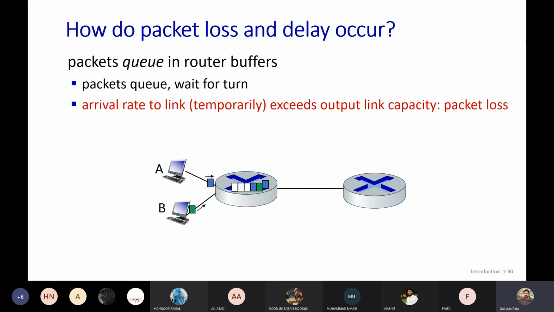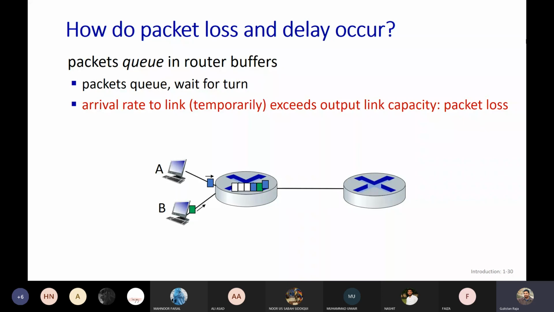So you recall we have a packet queue in router buffers. Buffers and packet queues may develop in packet switching. And when you have a packet queue, the packets have to wait for their turn. So it's not possible for them to go through quickly. What will happen if the arrival rate to the link exceeds the transmission rate?